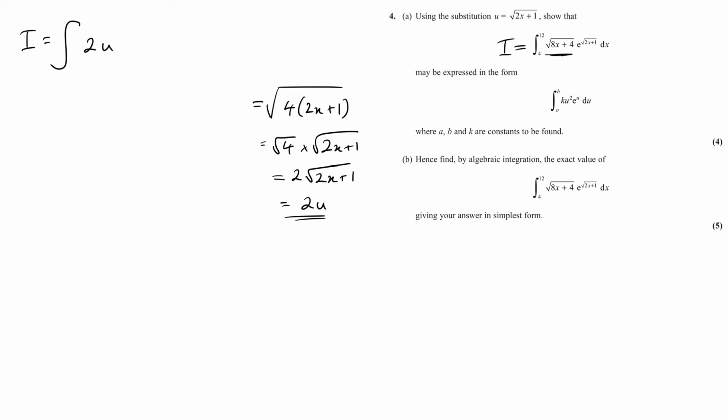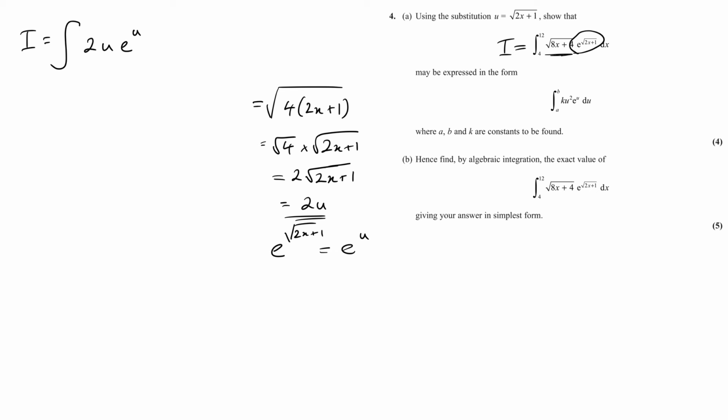Now we need to deal with this. So e to the 2x plus 1. Oh, so it's just e to the power u. So this is times e to the power u. So far there we've changed 2 of them. Now we also need to change the values.